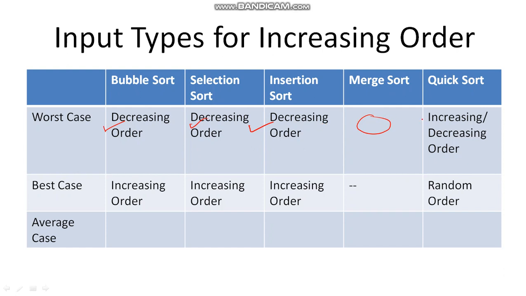Whereas for quicksort, if you want to sort in ascending order and the input is either in increasing order or decreasing order, both of them are the worst case. And if you want to sort in increasing order and the input is also in increasing order, these are the best case.